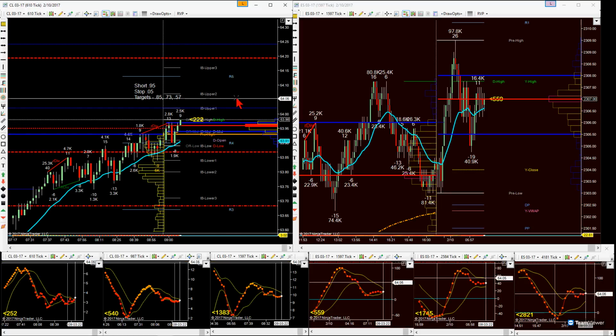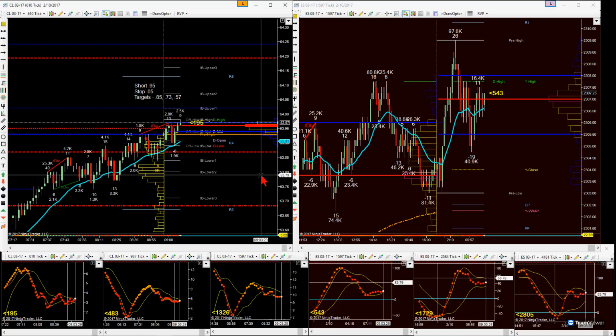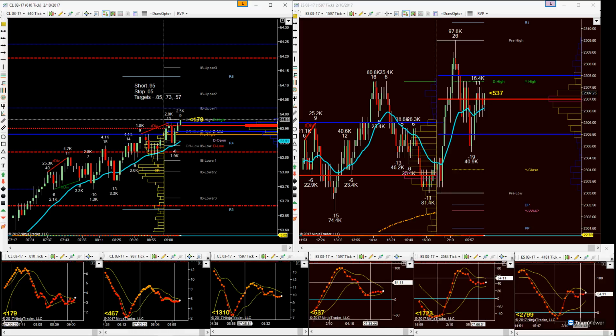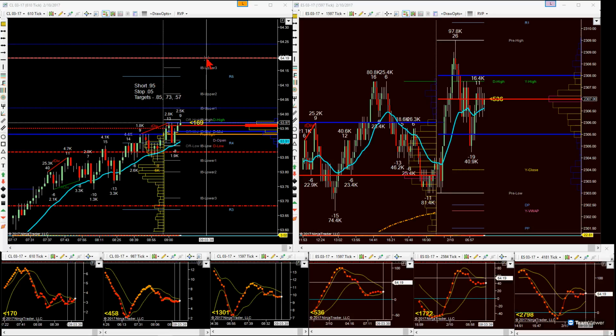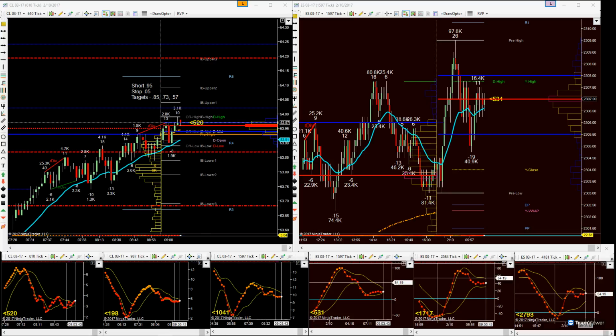So the problem is I'm not looking to go short in this style of trading. The initial short had nothing to do with this style of trading. I'm not looking to go short right now because I have a fairly big gap up to the next level here above us, this swing at the 54.19. And looking over our homework chart, it doesn't look like we're missing any levels here.